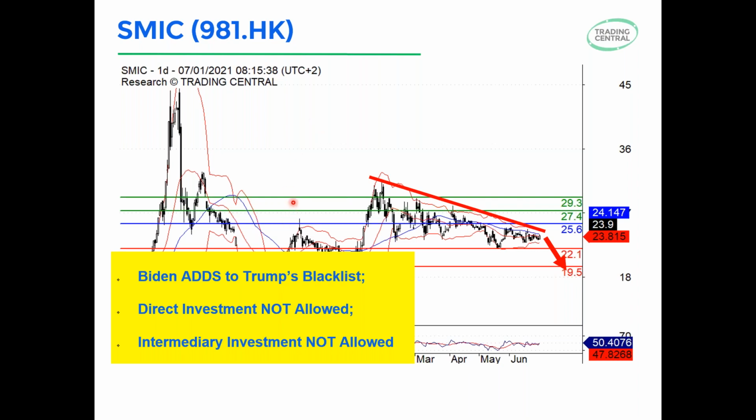So you will see institutional money cannot jump into this stock, and you can foresee how good or how bad this stock will do in the future.